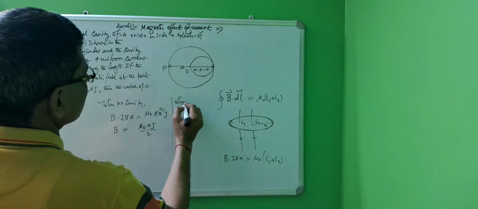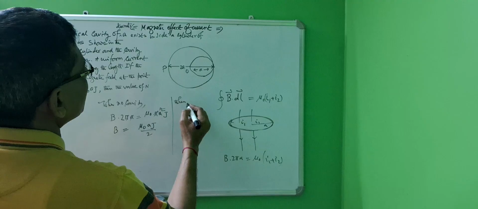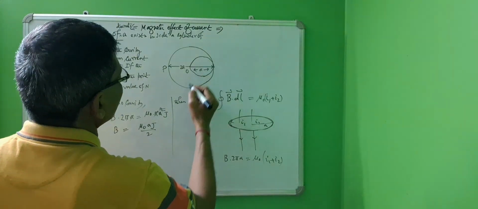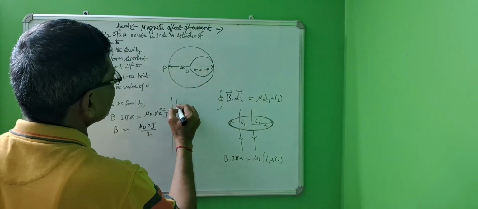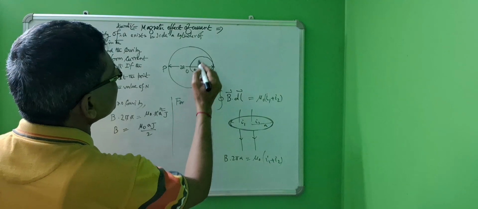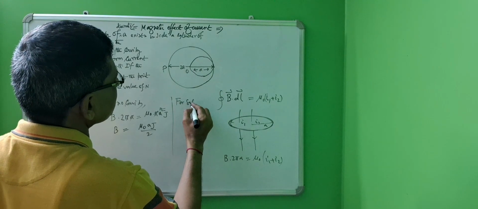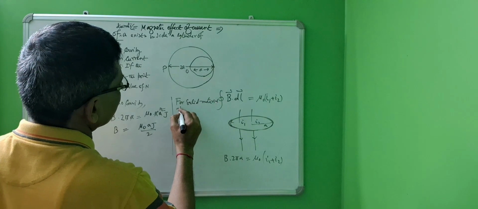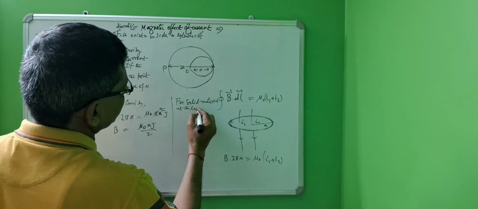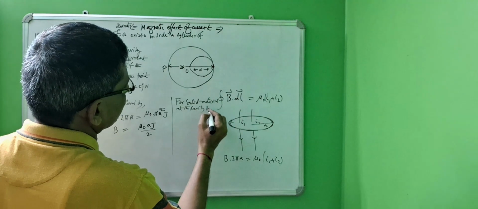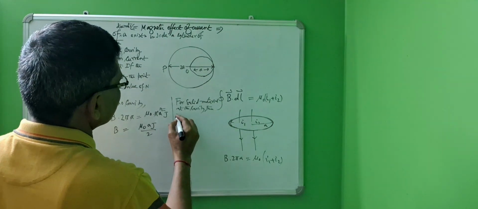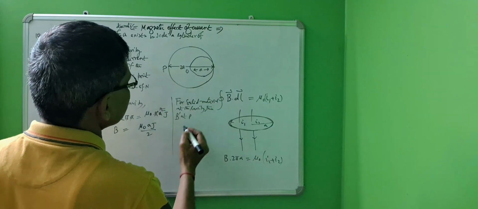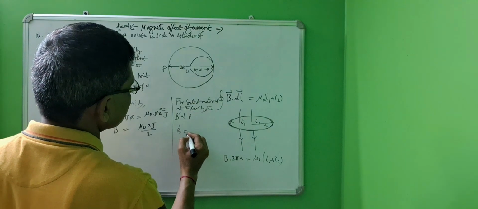When the solid material has the cavity, then B dash at P will be obtained as follows.